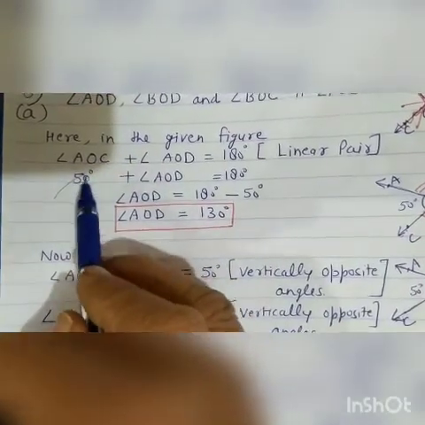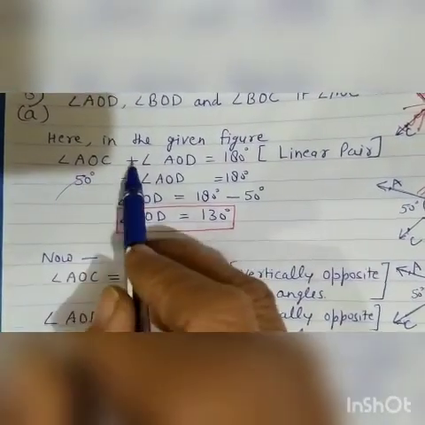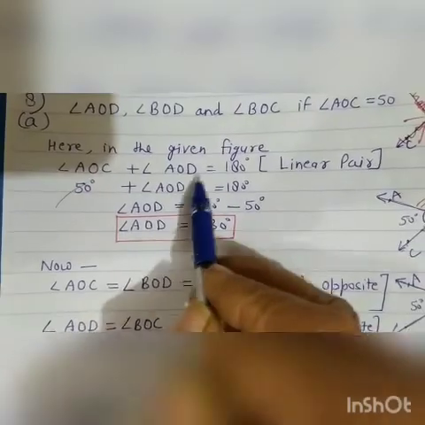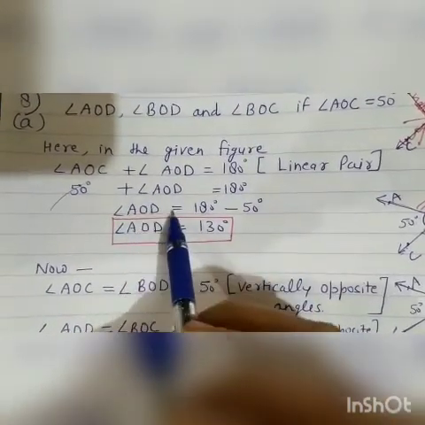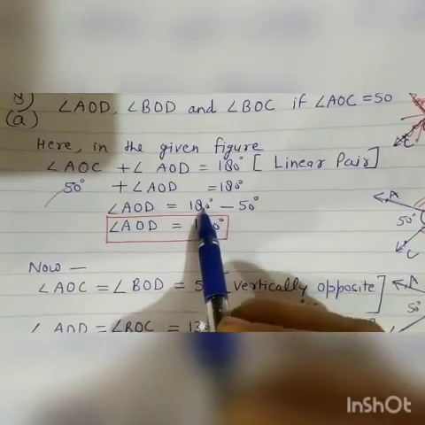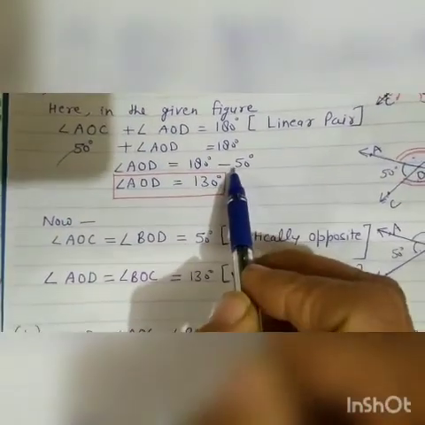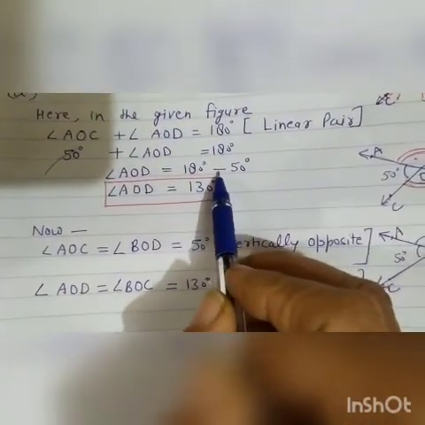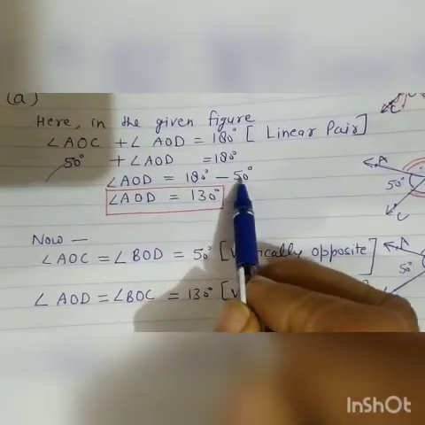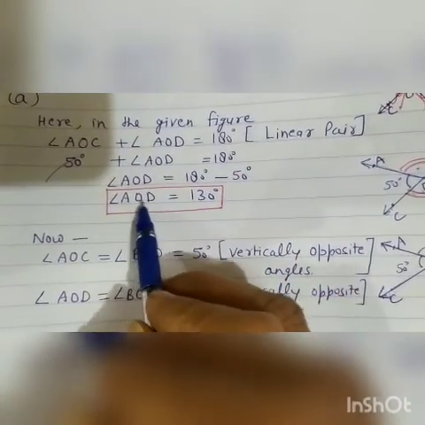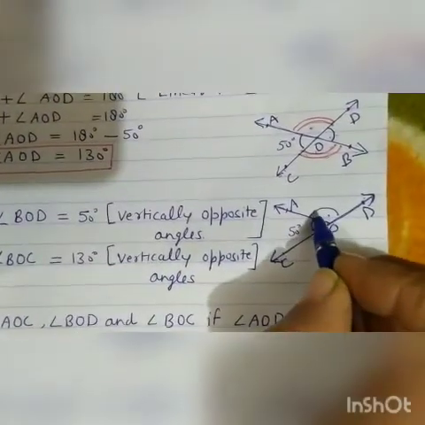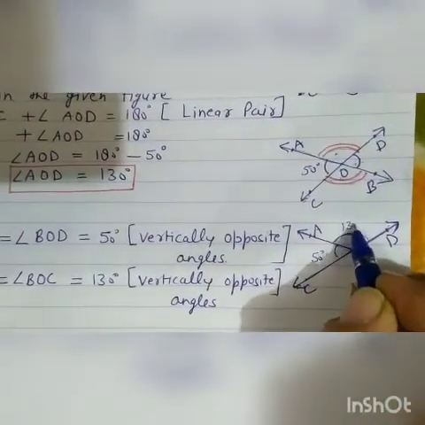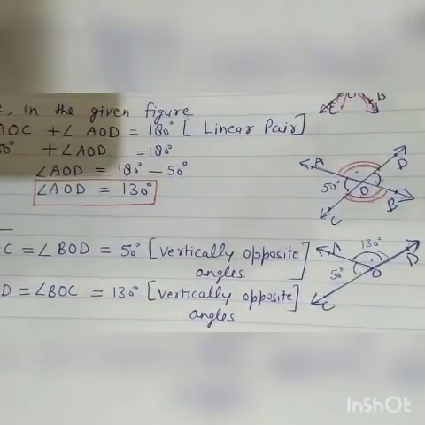Value of angle AOC is given 50 degree plus angle AOD equal 180 degree. Then angle AOD is equal to 180 degree. This 50 we will write on the right side, then it will become minus. 180 minus 50 degree. Then angle AOD is equal to 130 degree. So the value of this angle is 130 degree.